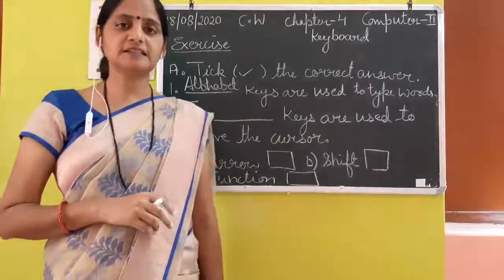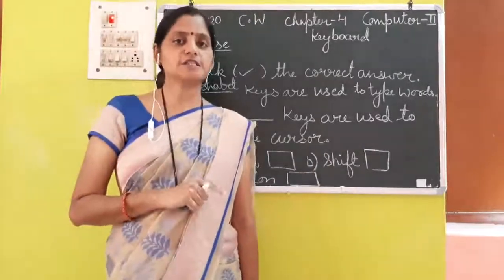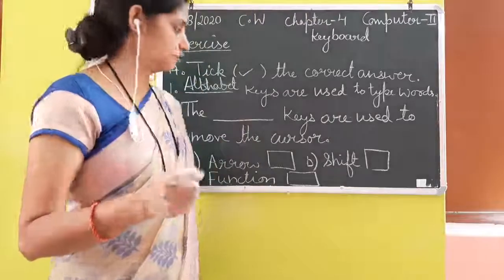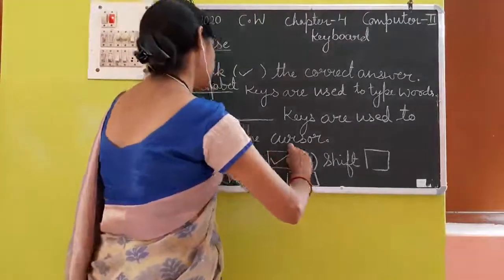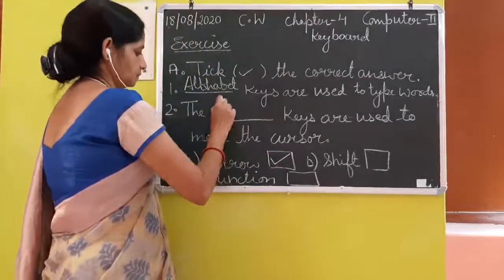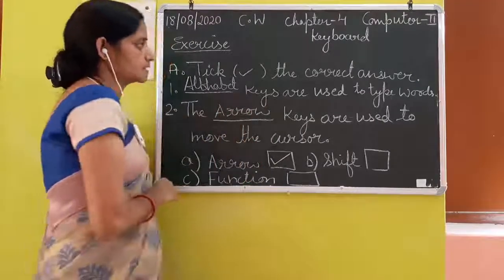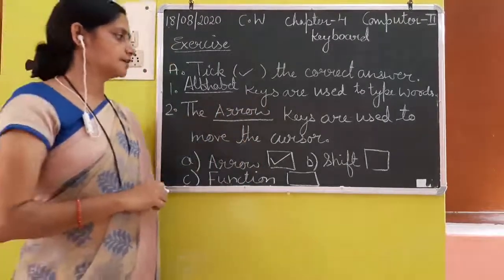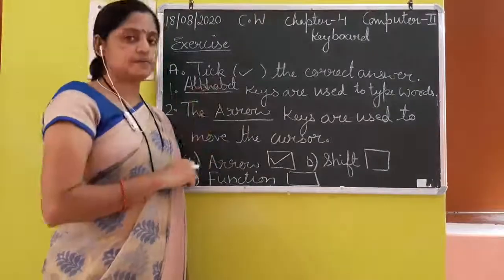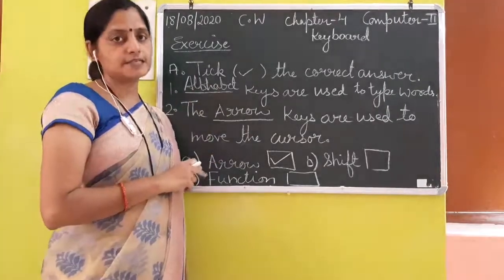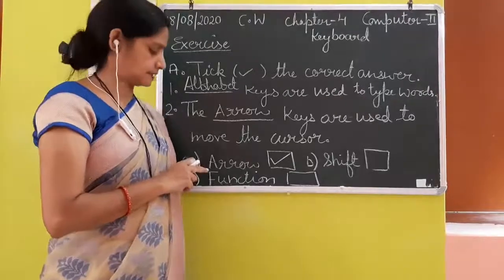As we have studied in the chapter, children, arrow keys are used to move the cursor. So you will put a tick here and write here arrow. The answer is arrow keys are used to move the cursor.